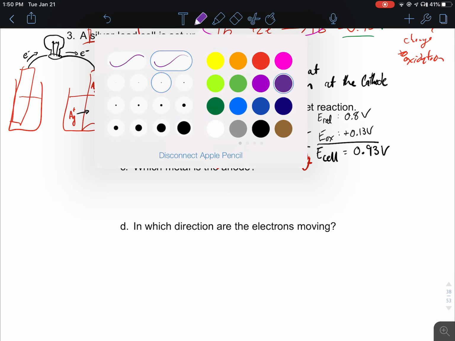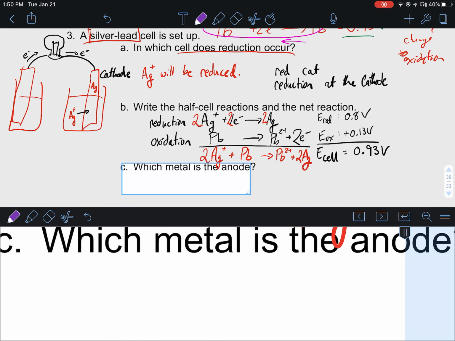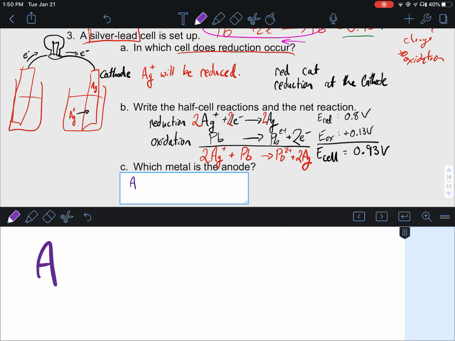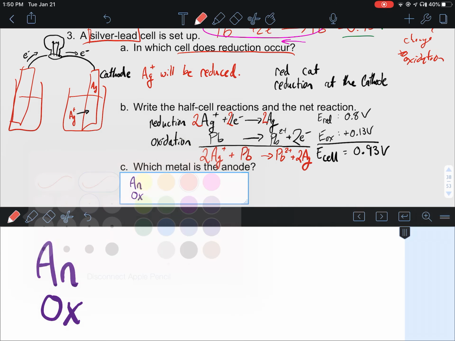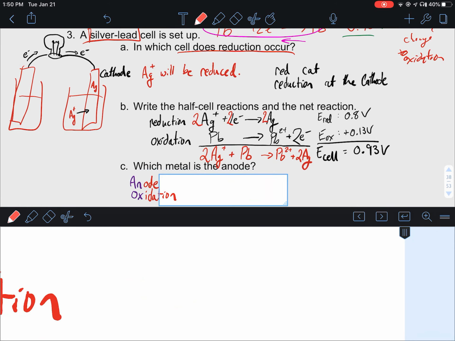So which metal is the anode? Well, the anode is An Ox. The anode is oxidation. An Ox. So that means the oxidation is the lead that we just labeled.